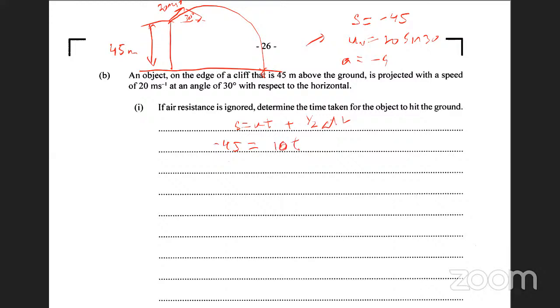Minus a half of g, g is 10, so minus 5t squared. So now we have 5t squared minus 10t minus 45 is 0. And that's it. Solve that, and you're good to go.